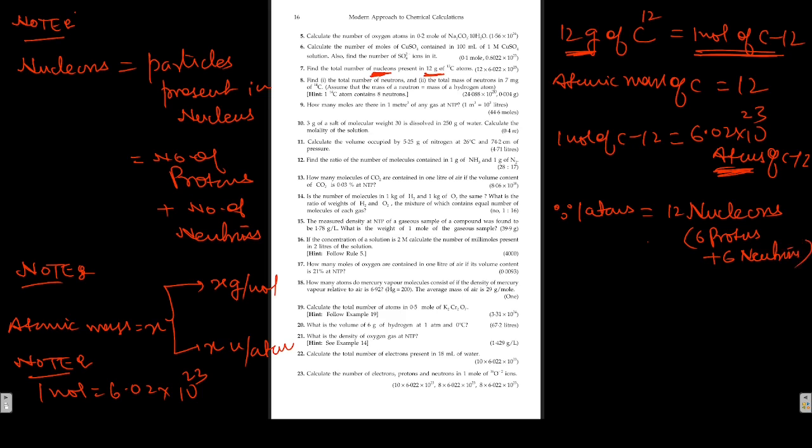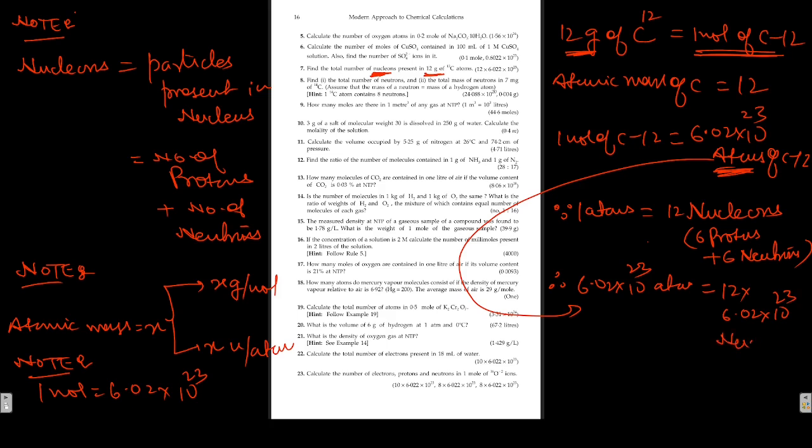So since one atom contains 12 nucleons, 6.02 into 10 to the power 23 atoms contain 12 into 6.02 into 10 to the power 23 nucleons. This is our right answer.